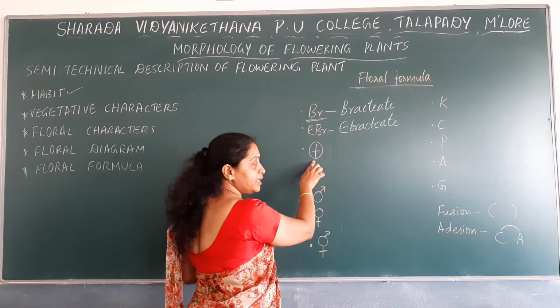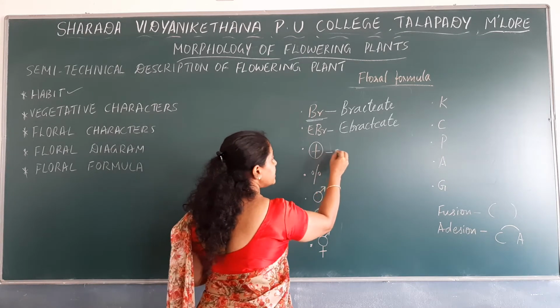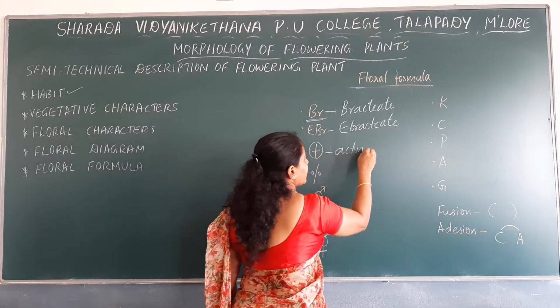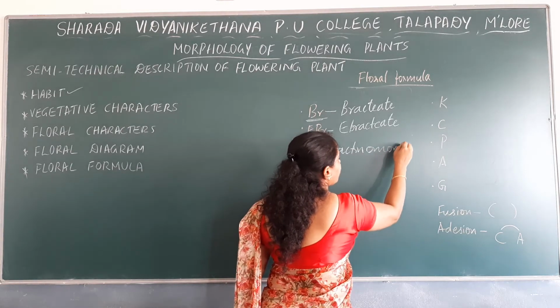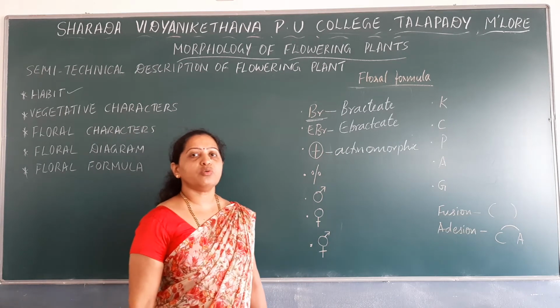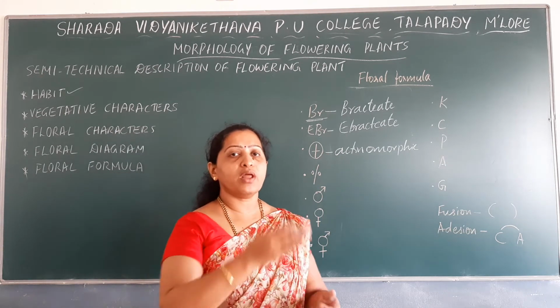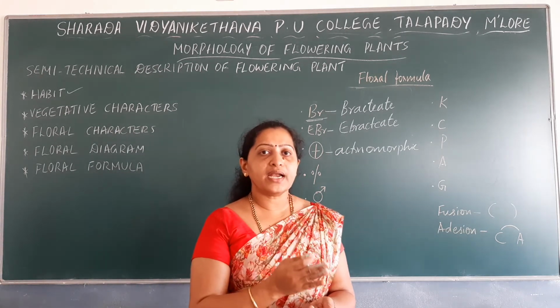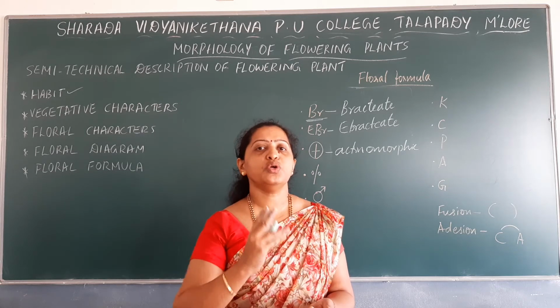Then this is a symbol that we mainly use to represent an actinomorphic flower. So what is an actinomorphic flower? An actinomorphic flower is such that whenever the flower is divided in any plane, it gives two equal halves.